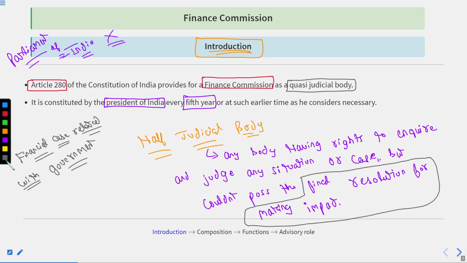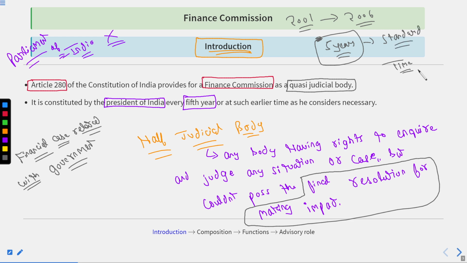It means that suppose the commission was appointed in 2001, then the commission will again be appointed in 2006, 5 years later. All right, that is a standard time. But remember that this is not a fixed time.